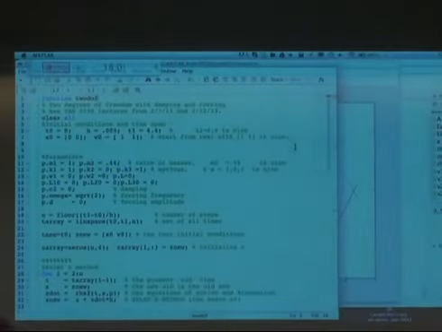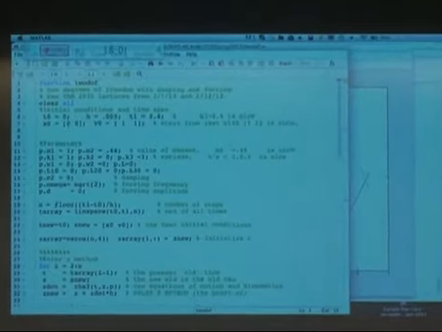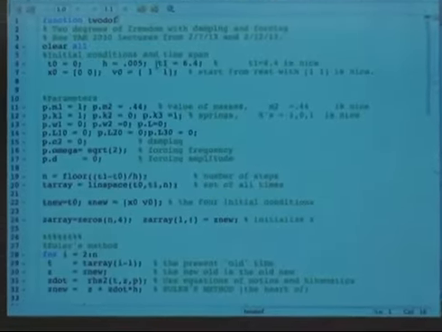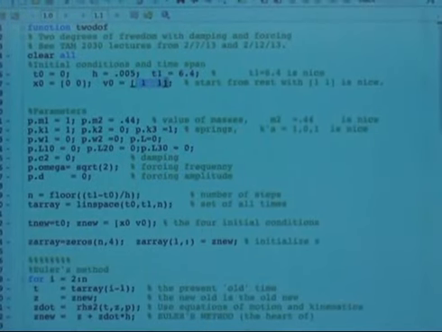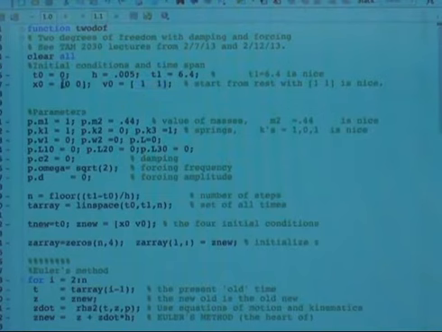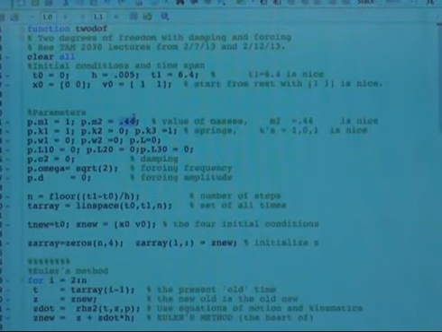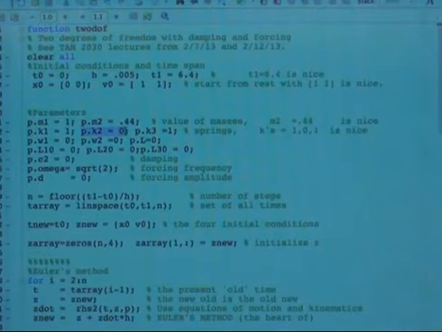Cool. Okay, so here's the same code that we've been looking at for a while. And now I'm going to put in, let's run this for about 2 pi. Let's put initial conditions of some velocities like this. Let's put in no initial positions. Let's make the second mass be 0.44, just some sort of random thing. Let's make the second spring constant 0 and run this.